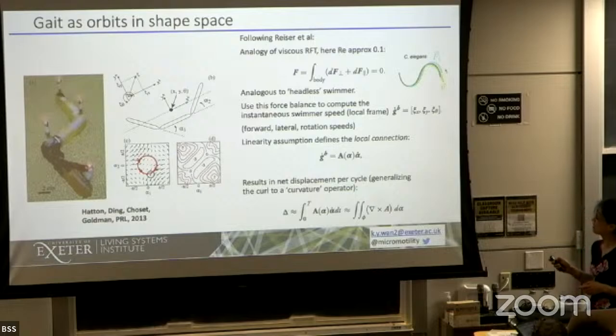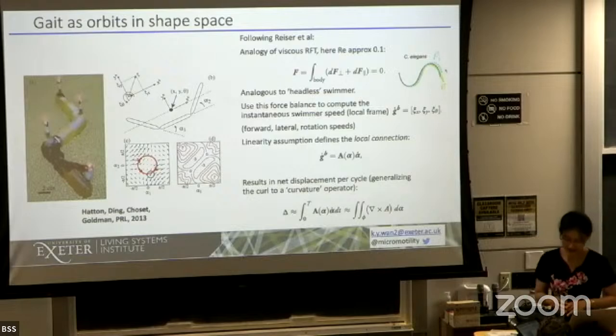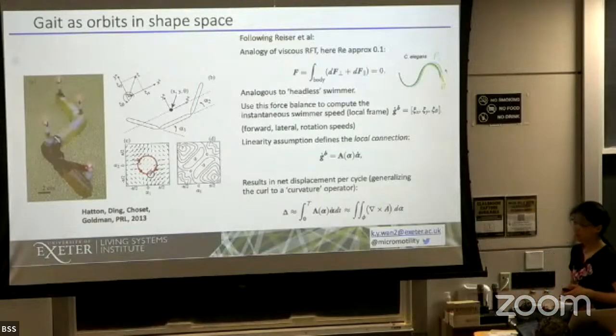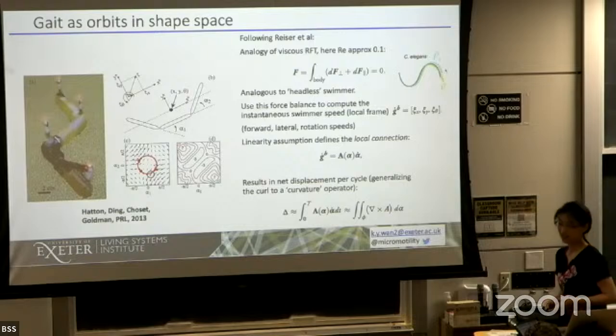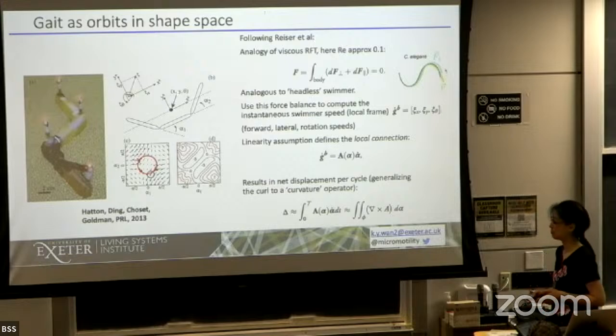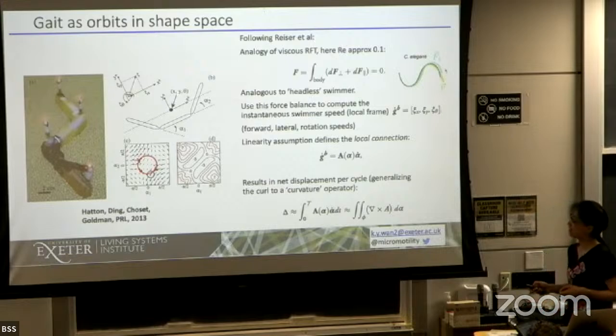And then from that, you can compute the velocity in such a way that the entire system remains force-free. As long as it's force-free, this satisfies viscosity or friction-dominated locomotion, and this is what they use to construct the directions of these arrows.